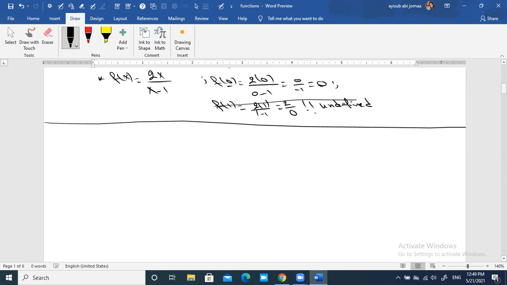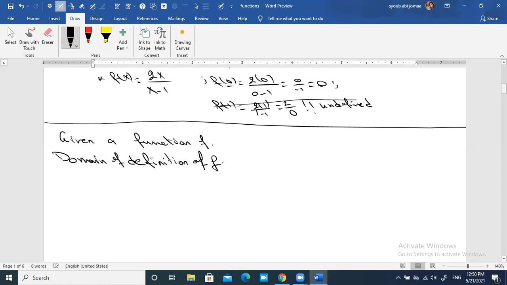Domain of definition: given a function f, the domain of definition of f.